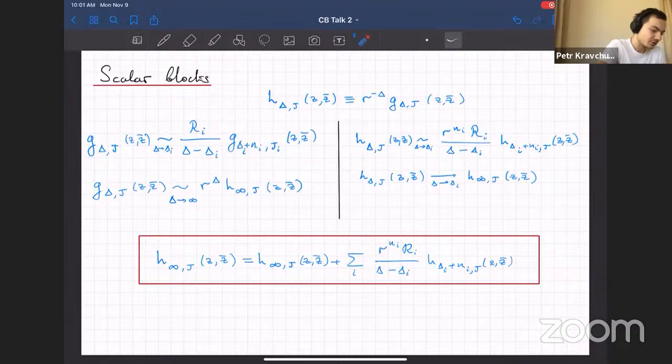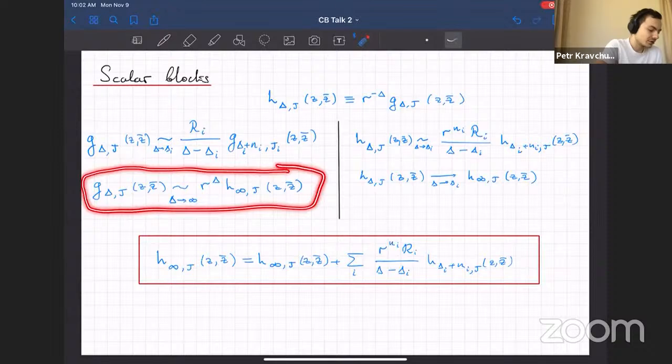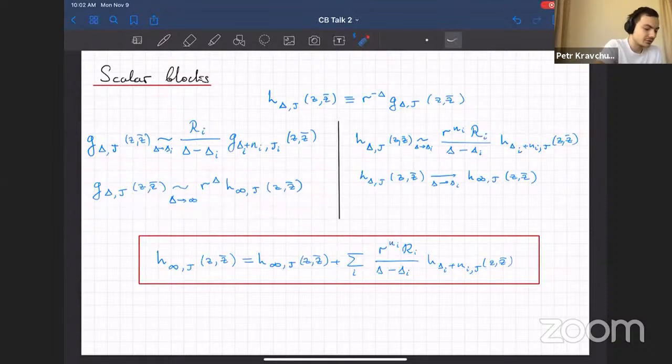Just plugging in the definition of h, we find that it also has poles and residues, where the residues are again proportional to h. It's just that now we have an extra r to the power ni here. And if the conformal blocks had an essential singularity at delta equals infinity, now these just tend to a finite limit.